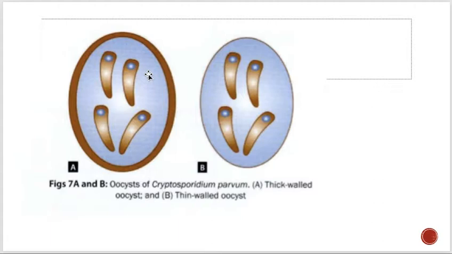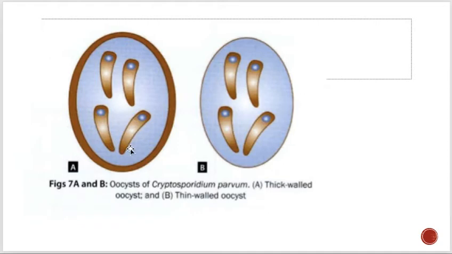The oocysts can also survive in seawater. And shellfish found in coastal areas have also been found infected with this oocyst.